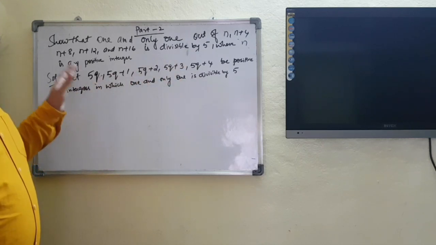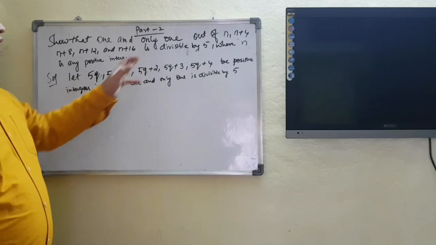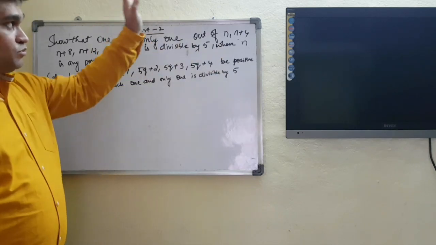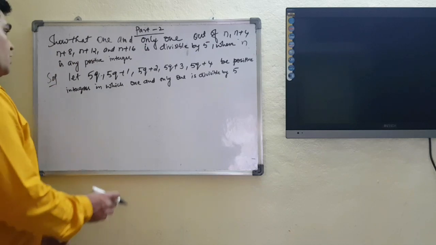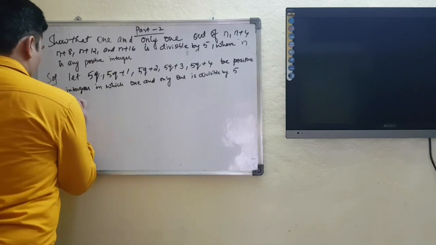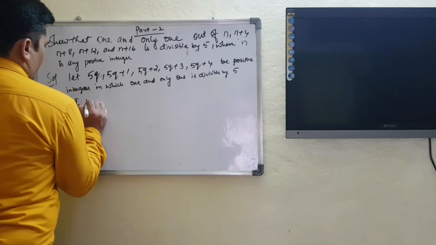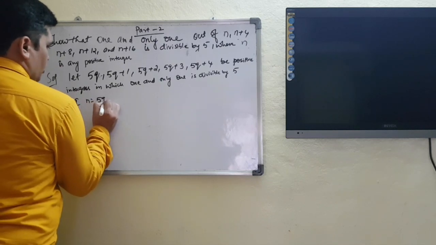positive integers which I have taken, individually I am going to consider these terms as n and I am going to substitute these into the given problem and solve it. Let's check it out. Now, case 1 where n equal to 5q.